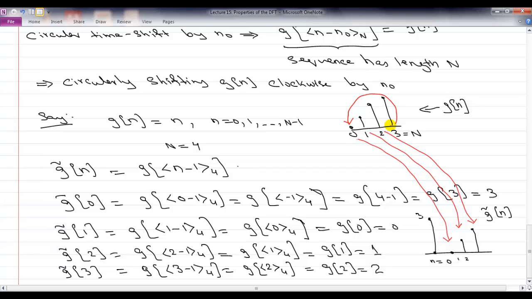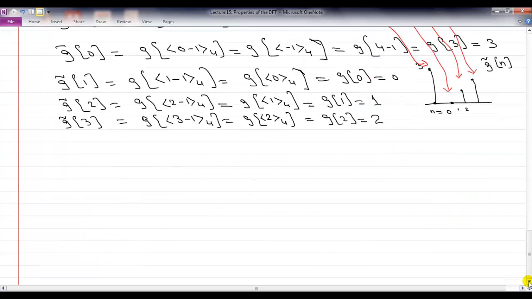And instead of going forward, I go back to 0. So what has happened is that this point has gone to this location. Okay.